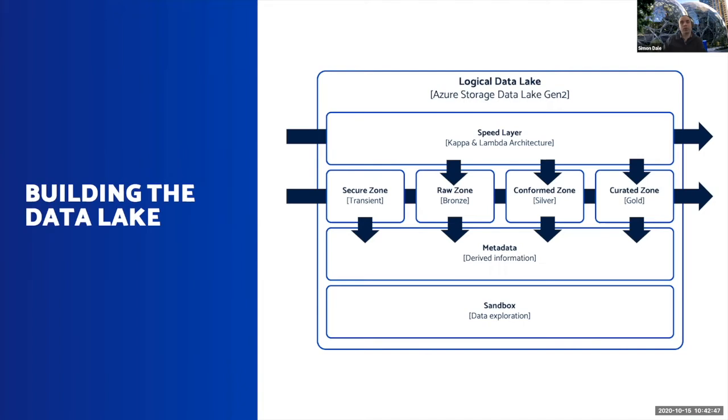Starting at the raw zone, you could have data in XML or JSON or CSV format. As we move into the conform zone, we start to apply data models to get to an operational data store, so that you've got hopefully a single view of entities.